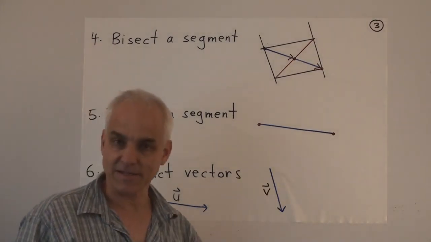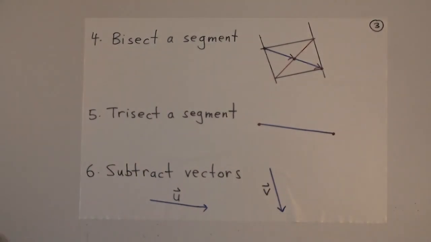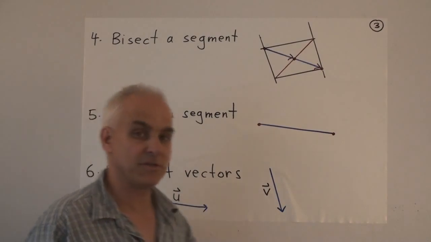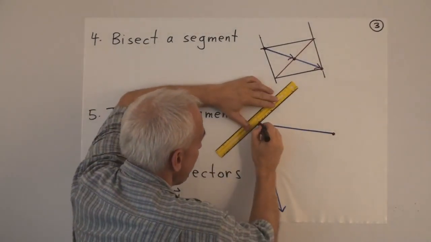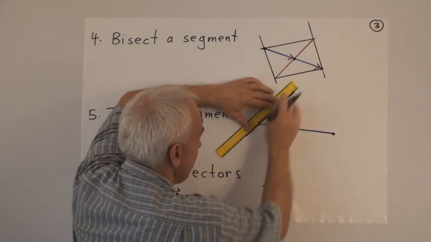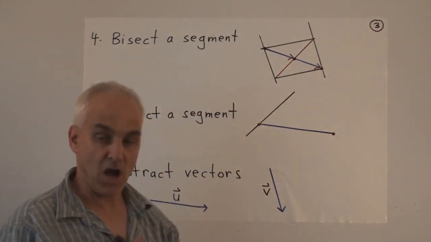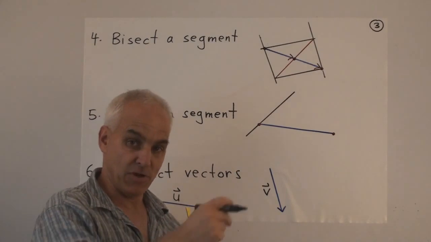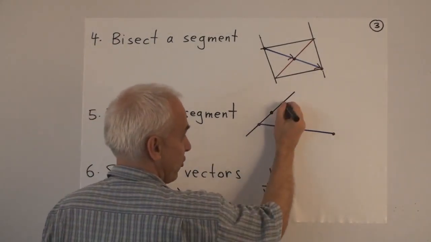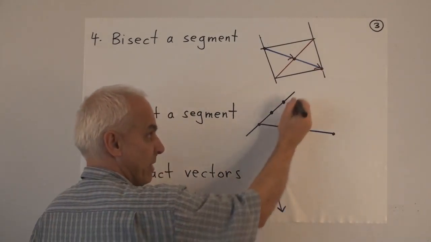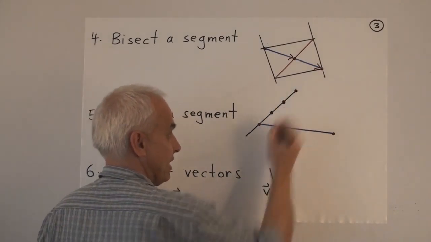How would we trisect a segment? Divide into 3 equal vectors. Well, we've talked about this before. So one way of doing that is to create another line through one of the points, and then create on it a sequence of 3 equally spaced points. So choose any point, and then create another point that's equally spaced, and then a third point equally spaced.